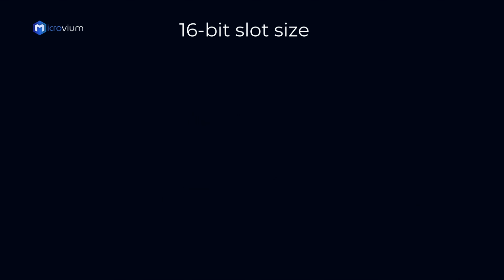One of the things that makes Microvium compact, and quite unusual even among the smaller JavaScript engines, is that it uses a 16-bit slot size. That means that variables, array elements, and property values are 16 bits each.